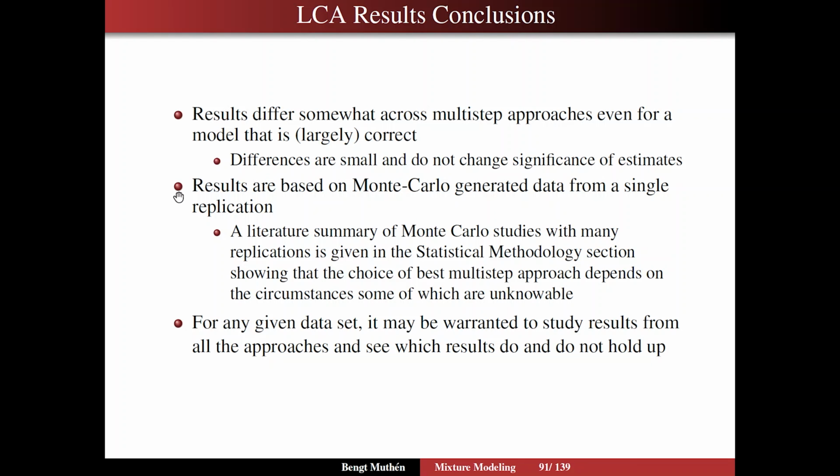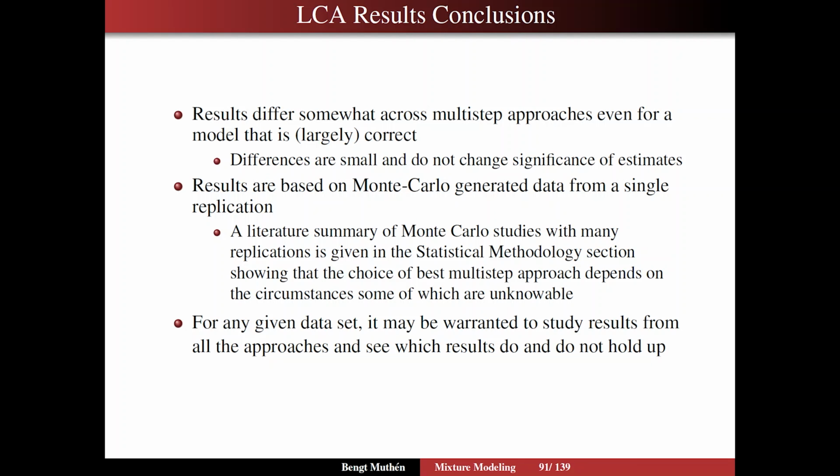And you have to keep in mind that these results are based on Monte Carlo generated data from a single replication. A literature summary of Monte Carlo studies with many replications, which is what you need, is to date given in the statistical methodology section, showing that the choice of best multi-step approach depends on the circumstances, some of which are unknown and unknowable also.